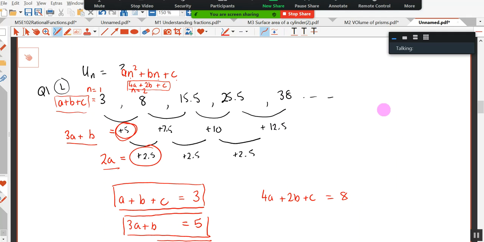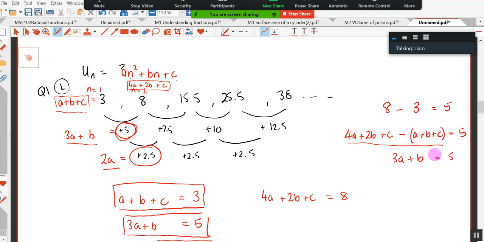So I either do 8 minus 3 gives me 5, or I do 4a plus 2b plus c minus a plus b plus c equals 5. When I simplify this, I get 3a plus b.